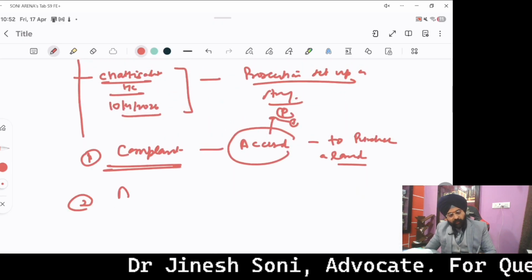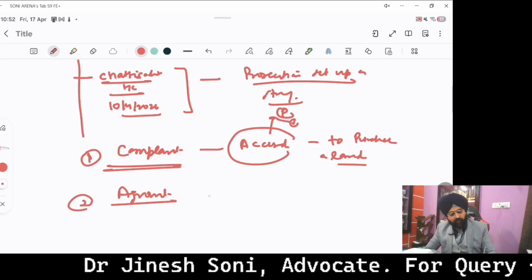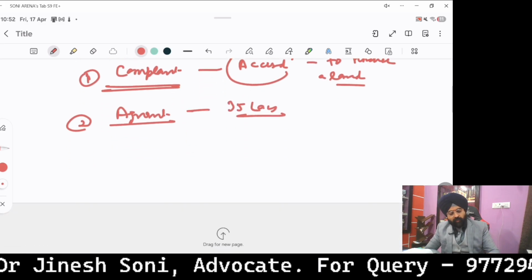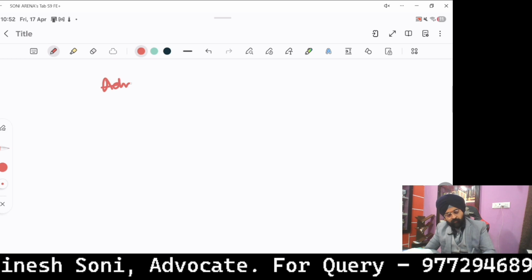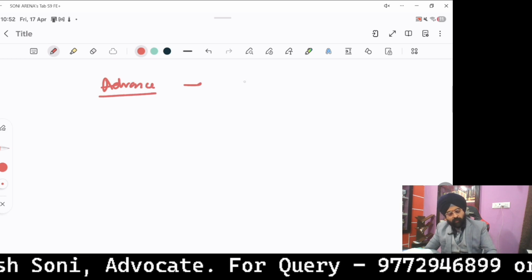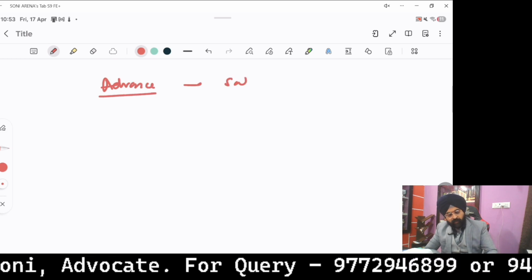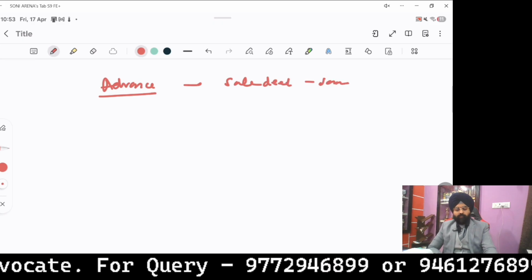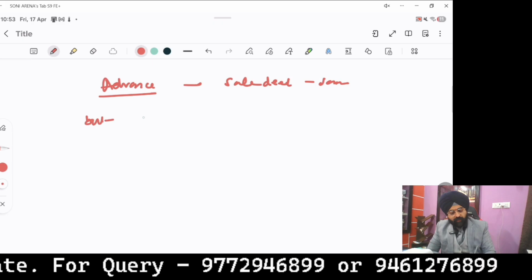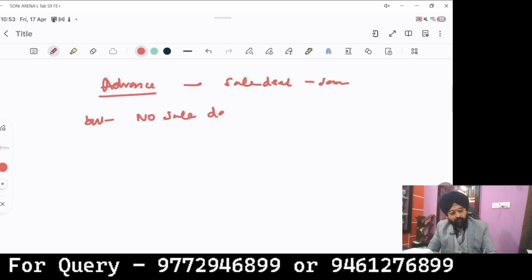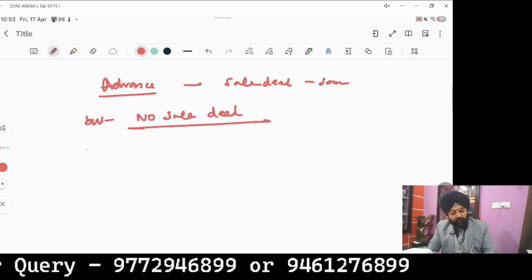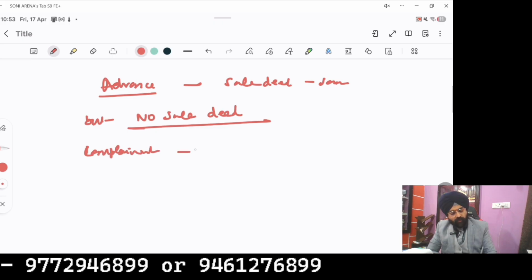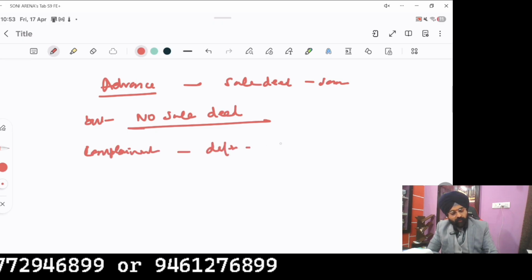Finally, there was an agreement as per complainant of rupees 35 lakhs. The said money is given as advance, and it is decided that sale deed will be executed soon. But there was no sale deed. And finally, the complainant had demanded his money back.